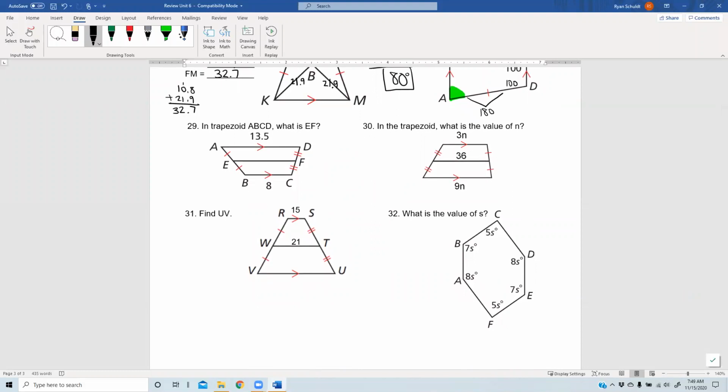Okay, 29. In trapezoid ABCD, find EF. Well, what do we know about EF? What is EF? What's it called? It's called a mid-segment.